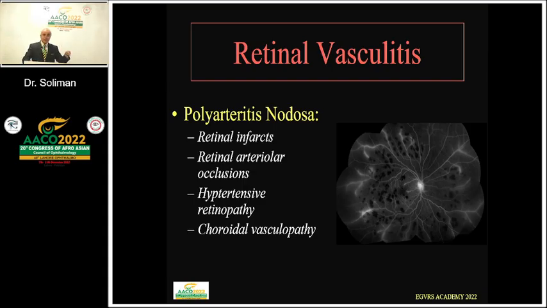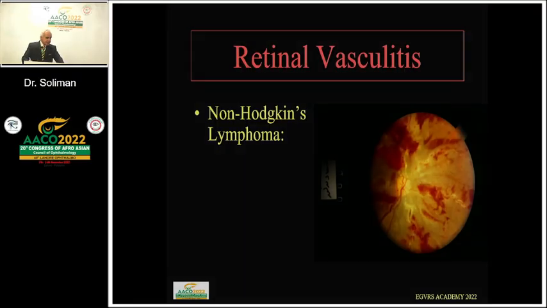An important choroidal vasculopathy is a significant finding in these patients.